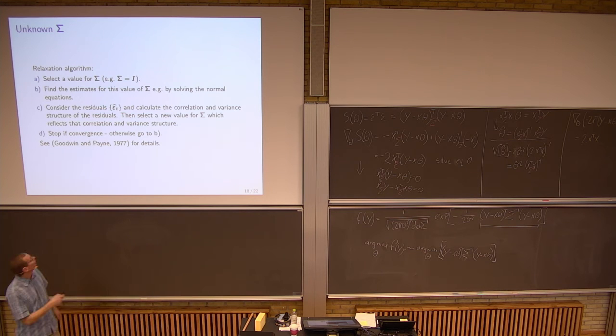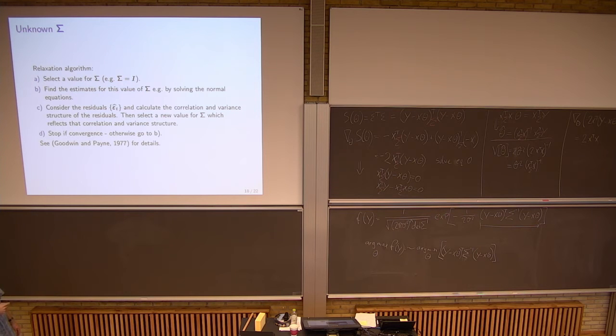Then you estimate the parameters of that model for the given sigma, solve the normal equation, and you get the usual estimate. Then you look at the residuals from that model and look at the variance or covariance structure of that.